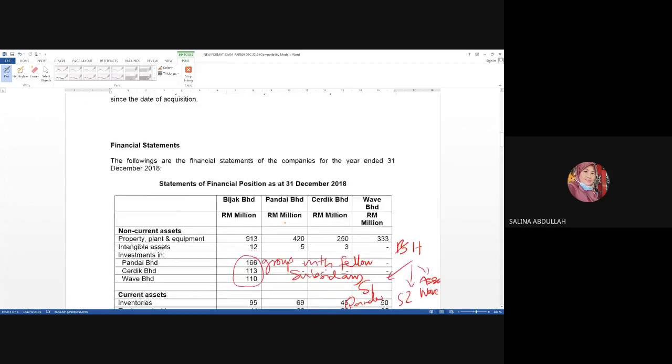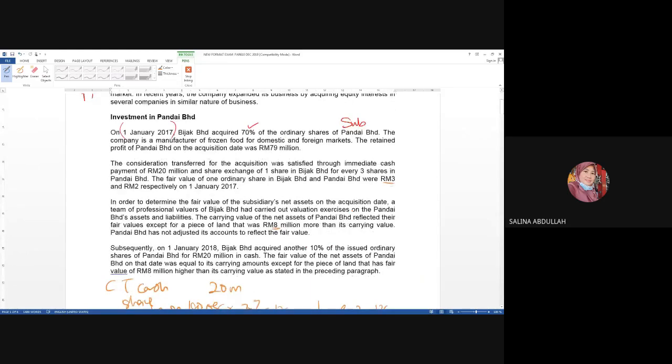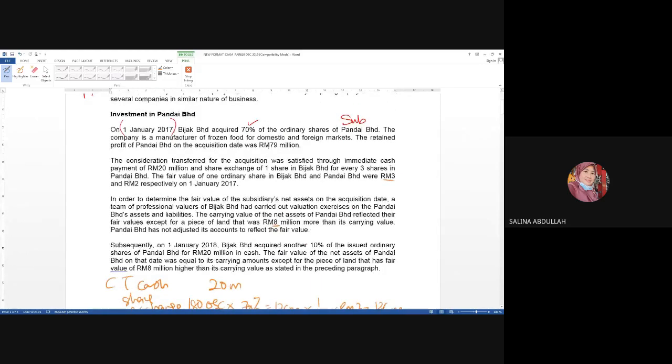Retained profit given in the question on that date is 79 million. So fair value of net asset of subsidiary is actually 180 plus 79 plus 8. Okay, so this is the fair value of net asset of subsidiary.